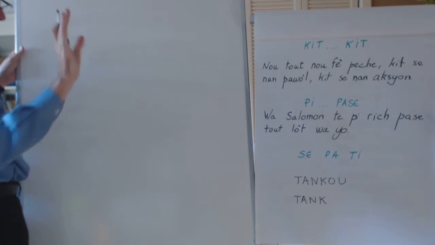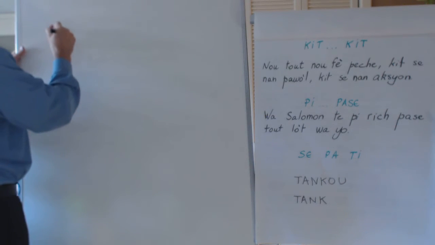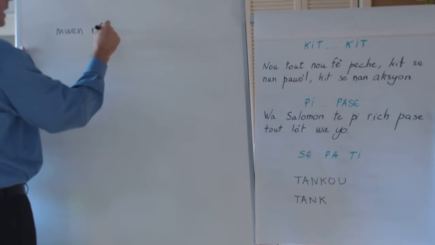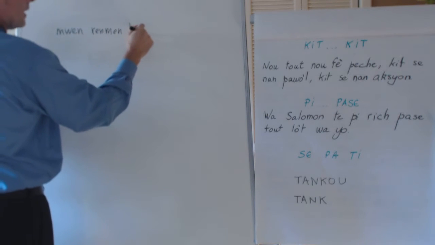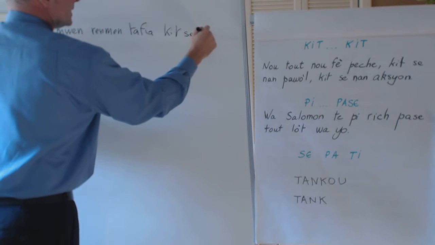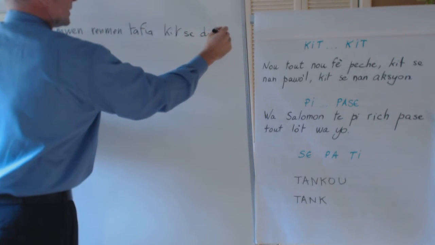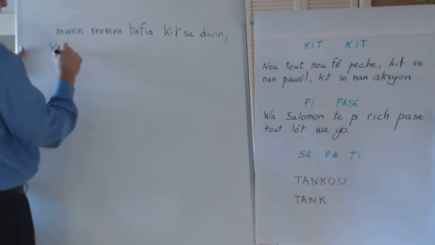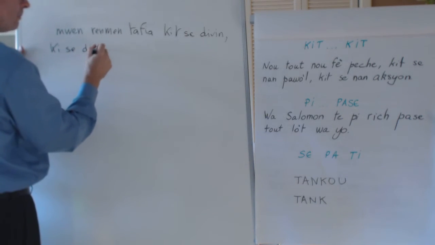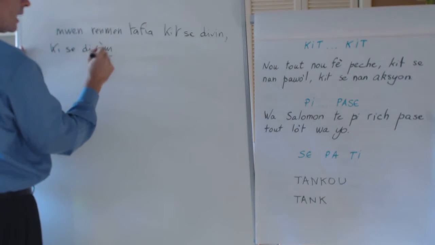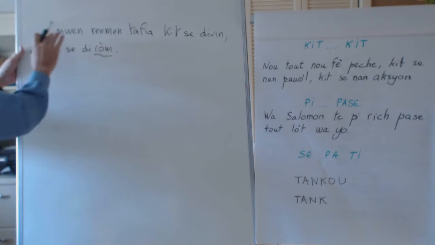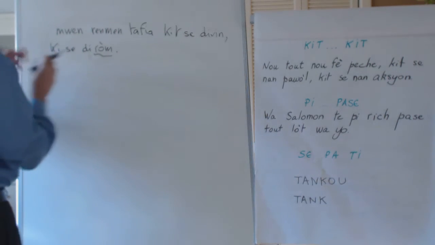For instance, that's a bad example, but look at that. Moi, I like tafia, quitte c'est divin, quitte c'est du rhum. I don't know how to spell that, but this is just for the idea.